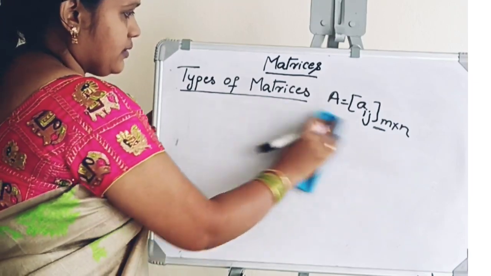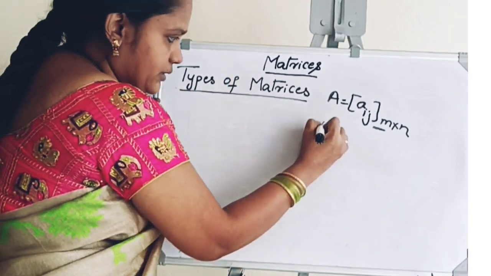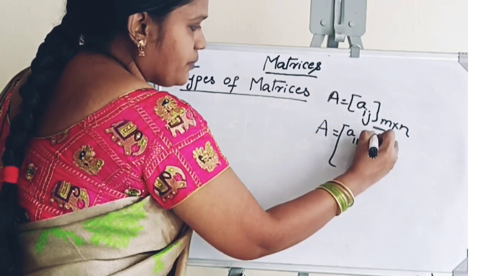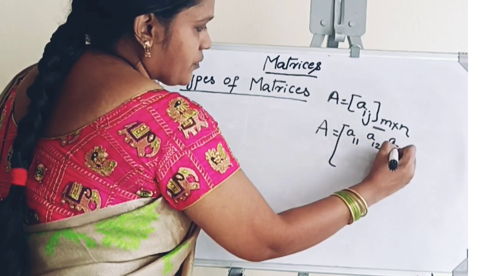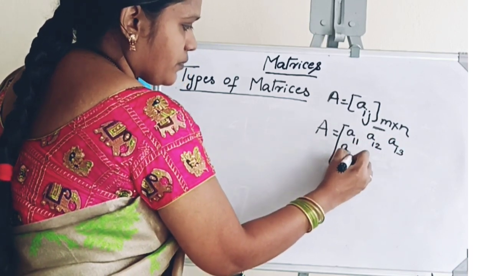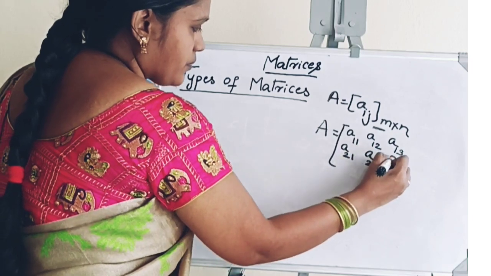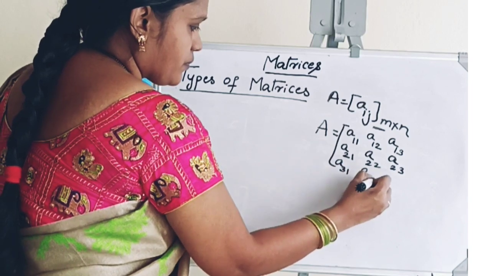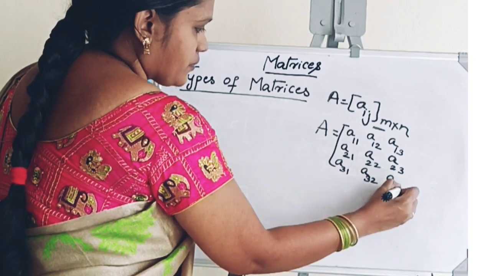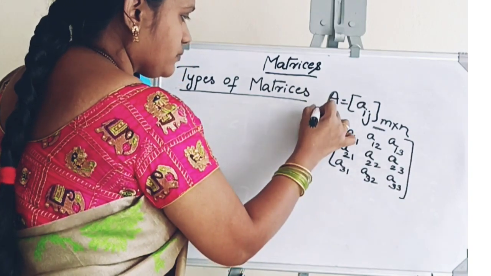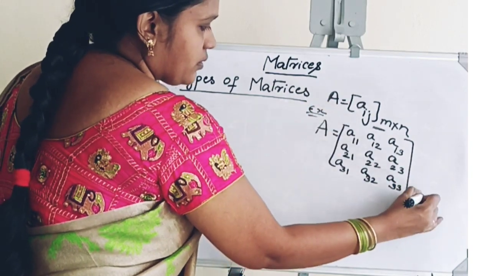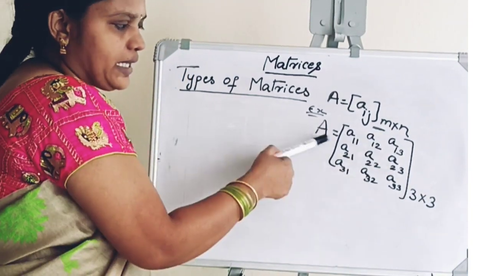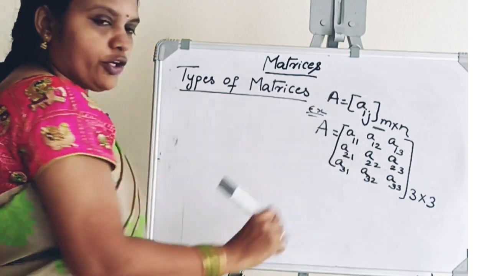Further, consider a 3 cross 3 matrix. For an example, say this is first row, first column. Right? Since here in this matrix the number of rows are equal to number of columns, right?